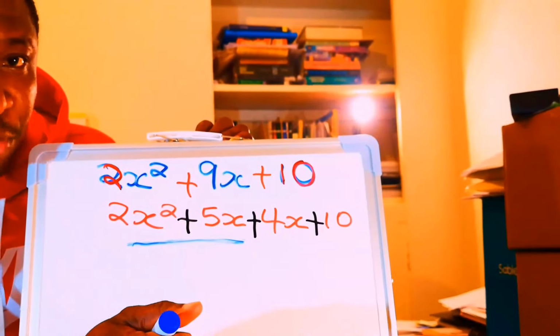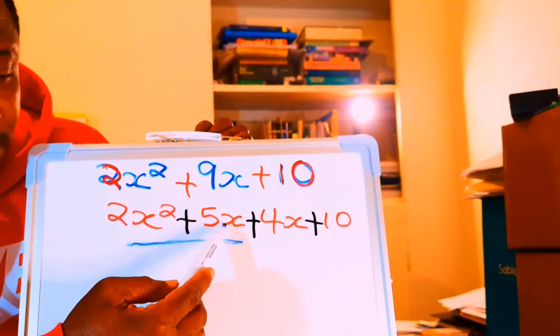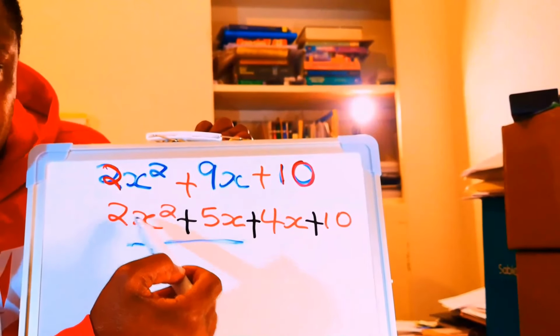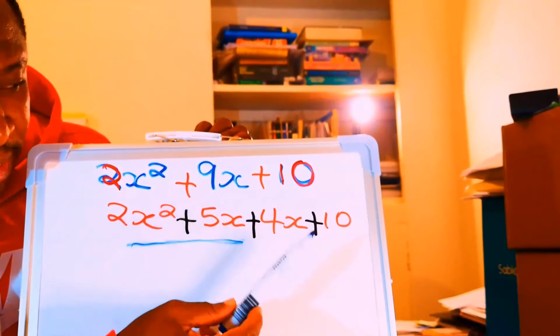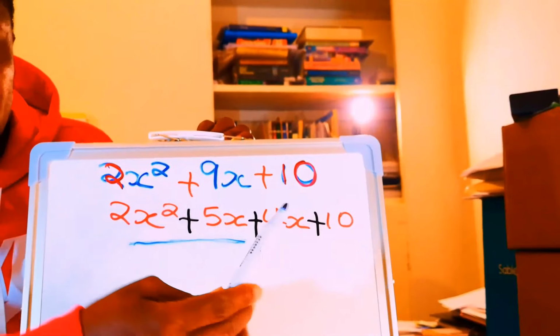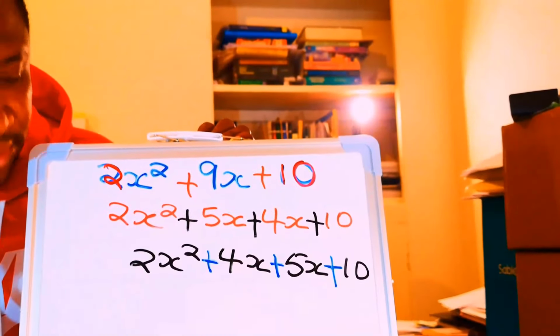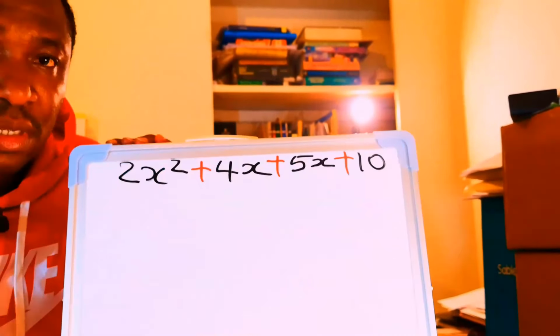But we're going to have a problem here, because 5 can easily work with 10 and 4 can easily work with 2. So what we're going to do is we are going to exchange this 5x and 4x before we continue solving. You can see that 2x squared plus 4x can work together.